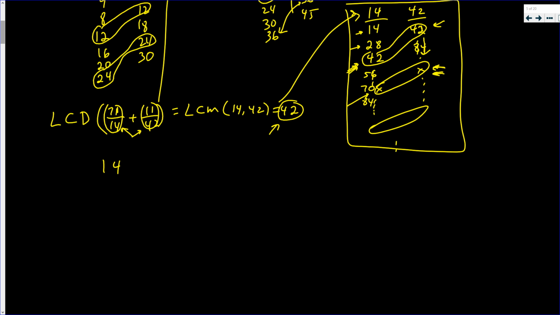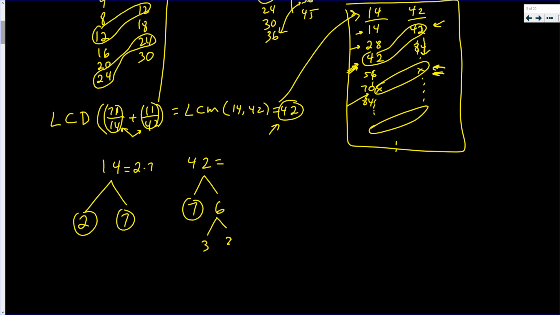Well, if we find the prime factorization of 14 and 42 using factor trees, 14 is 2 times 7, both of those are prime, and 42 is 7 times 6, 7 is prime, 6 reduces to 3 times 2, so we have 3 times 2 times 7. The distinct primes are 2, 3, and 7.